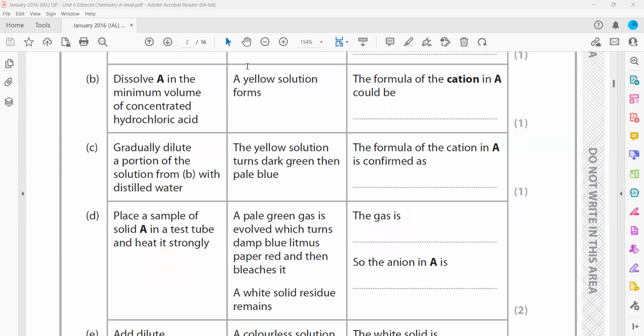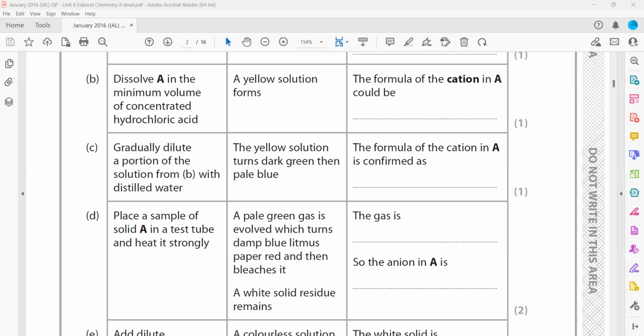Dissolving A in a minimum volume of hydrochloric acid forms a yellow solution. What is the formula of the cation in A? When we add hydrochloric acid, how can we identify it?